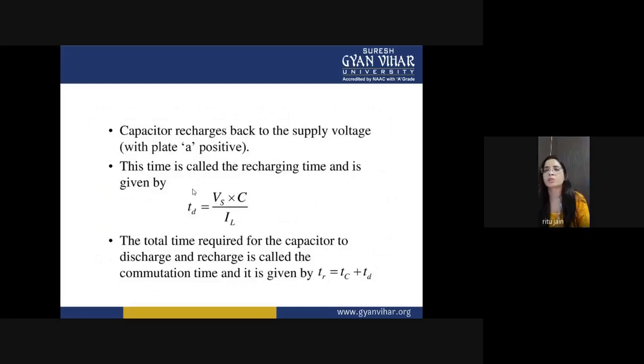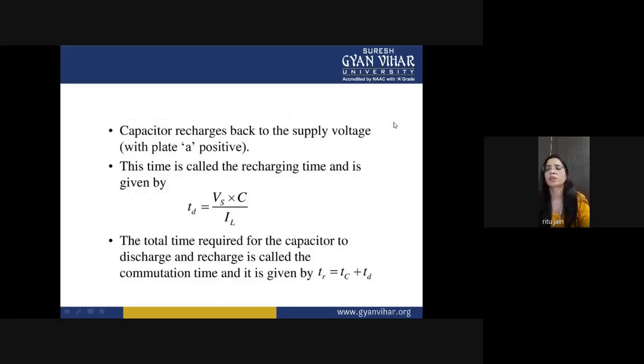This time is called the recharging time, and it is given by TD is equal to Vs into C upon IL. So the total time required for the capacitor to discharge and recharge is called the commutation time.